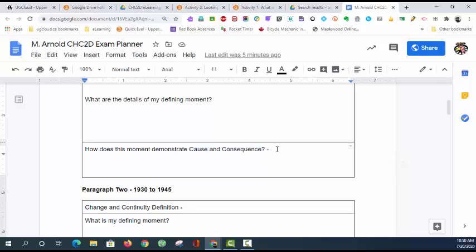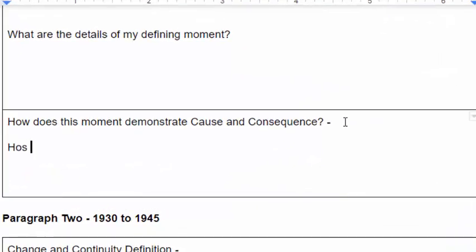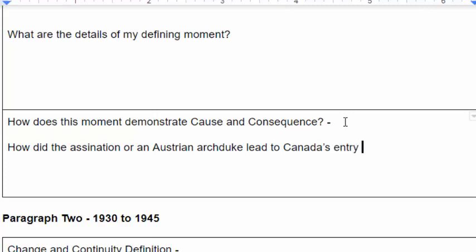And you can add your own research questions into the planner as well. So I'm going to type, how did the assassination of an Austrian archduke lead to Canada's entry into World War I?